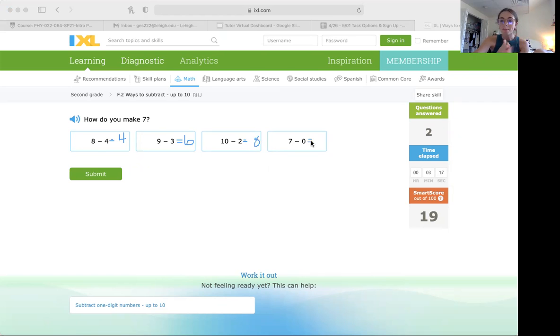And 7 minus 0, anything minus 0 is still that same number. So that is 7. So here, the only one that makes 7, let's go through, it's not that. Process of elimination, it's not that, it's not this, so it has to be this one.